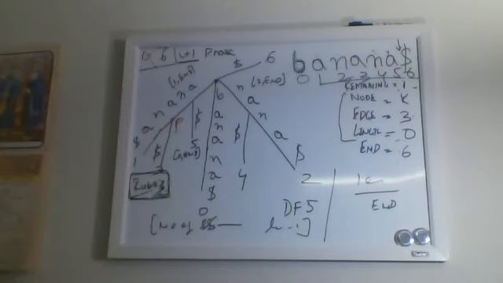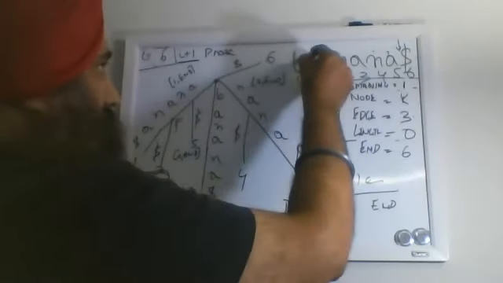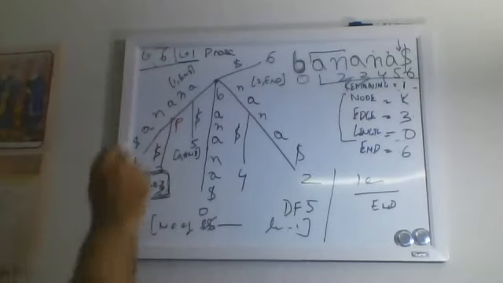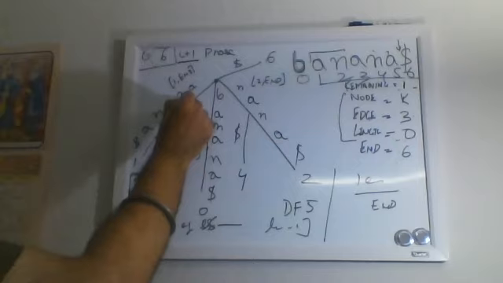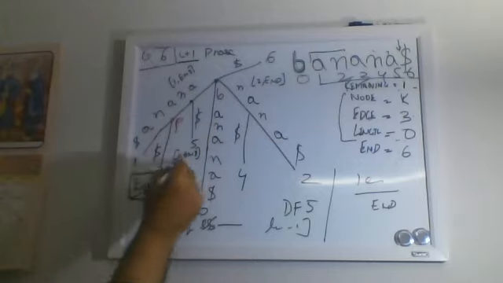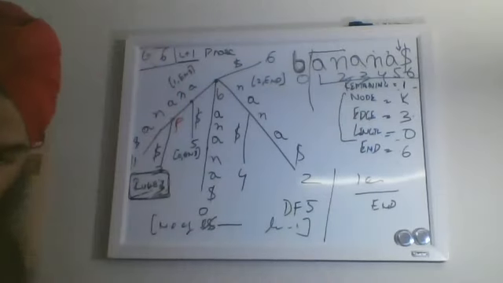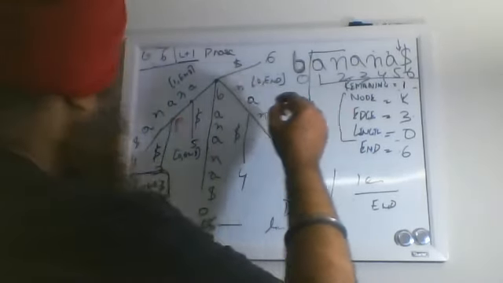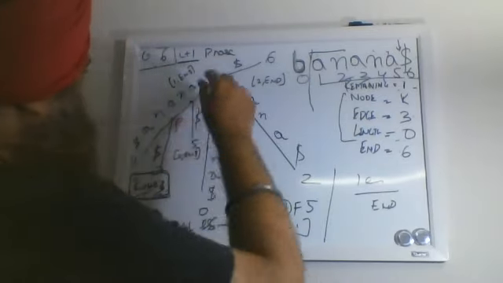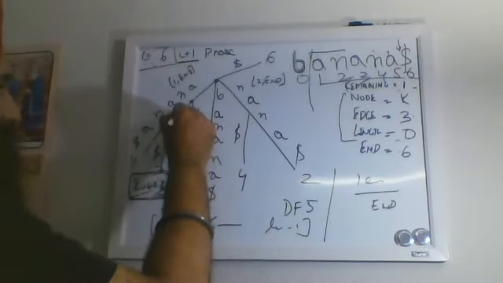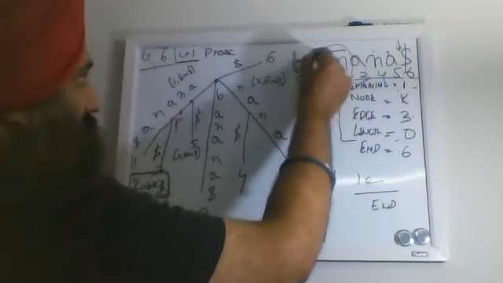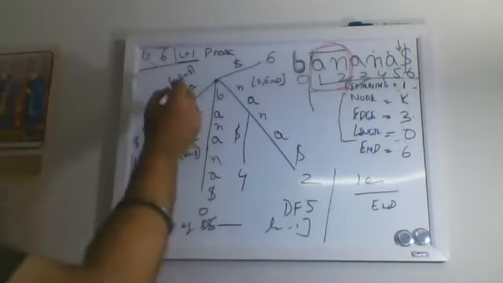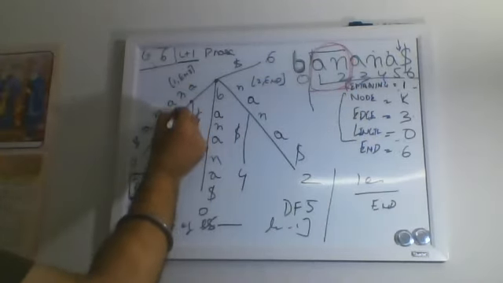Again, this has applications. Suppose in this word you have to find all the occurrences of AN. Start from here, you find AN ends here. So you have got the points 1, 3. We want to find all the occurrences of AN. So you start from here, you go, AN ends here.